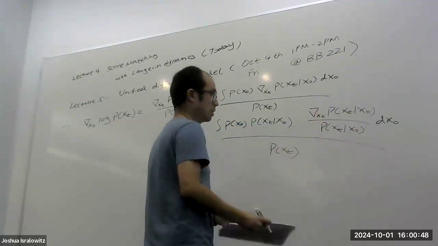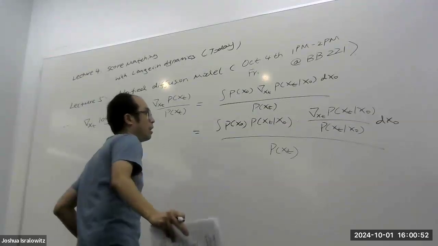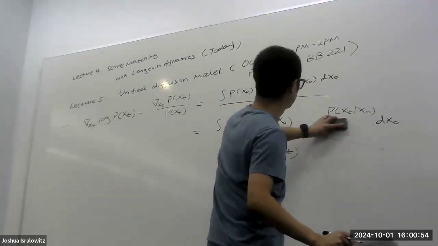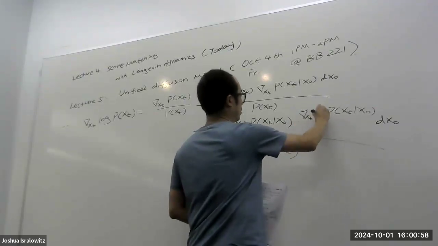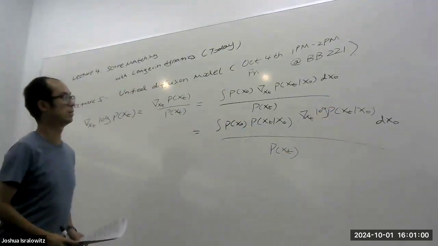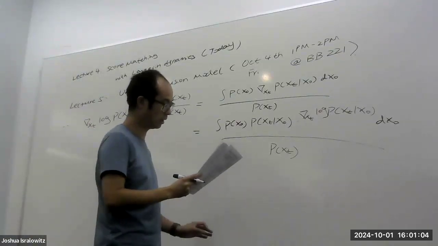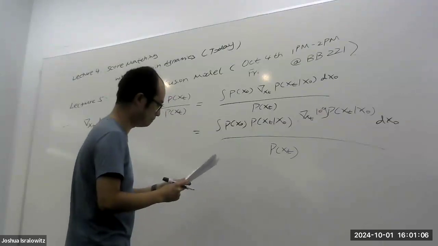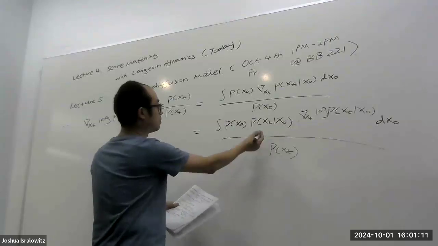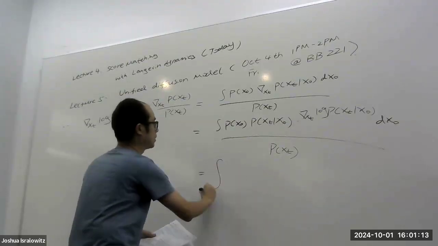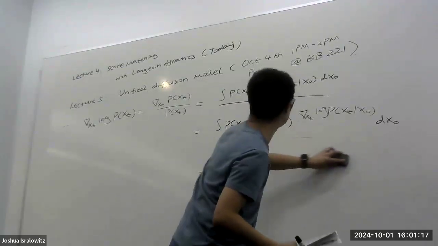What's this? This is nothing but the gradient of the logarithm. Right, so this is clear. That's good. And then we are going to move this back, so this becomes the integration back, p of xt.